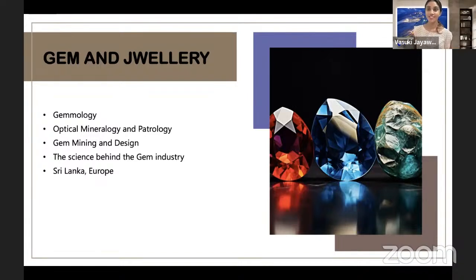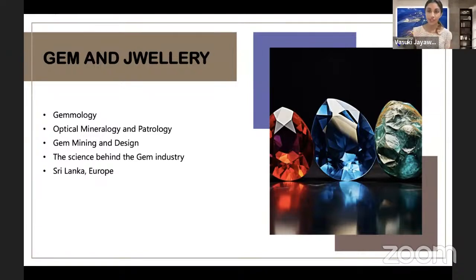And for this industry, let's say, the fashion industry and the trends in the world, a lot of other factors are involved in the gem industry itself. So this is about the science behind the gem industry as well.